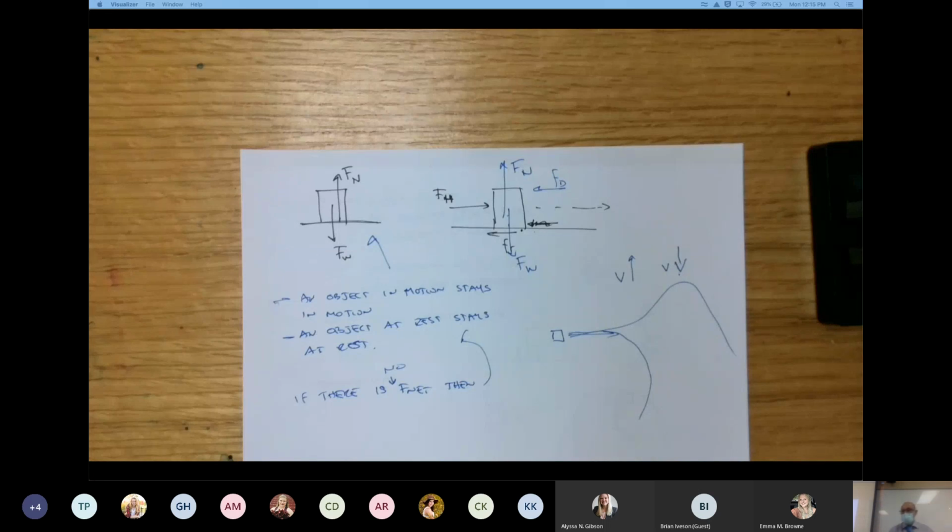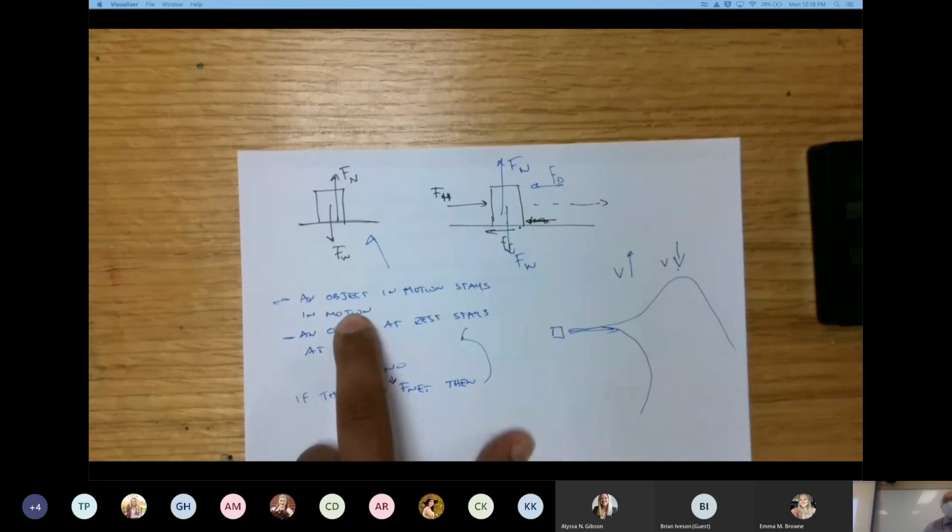The really cool thing about Newton's law is that there's no experiment that you can do where you can observe the first Newton's law, that an object in motion stays in motion.